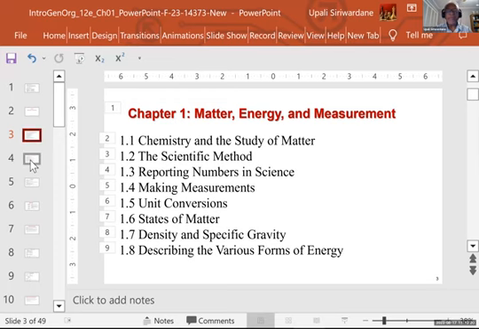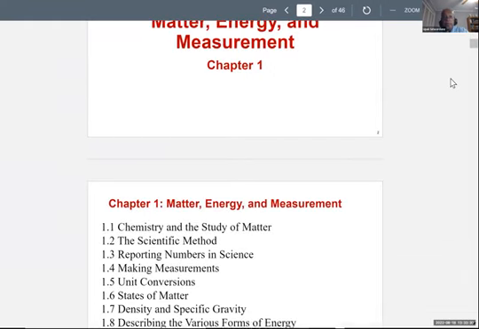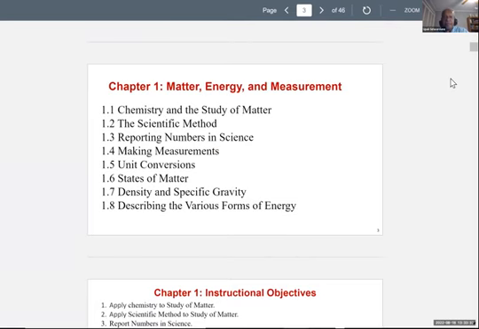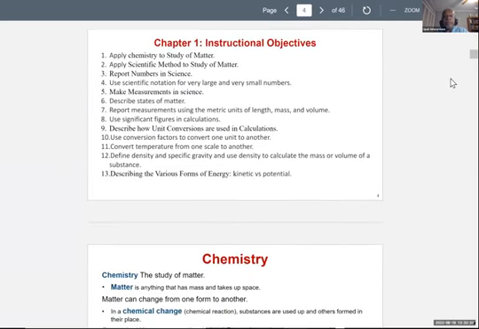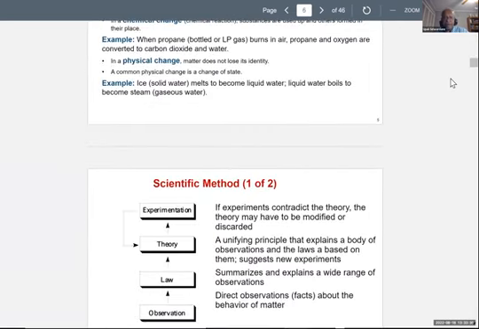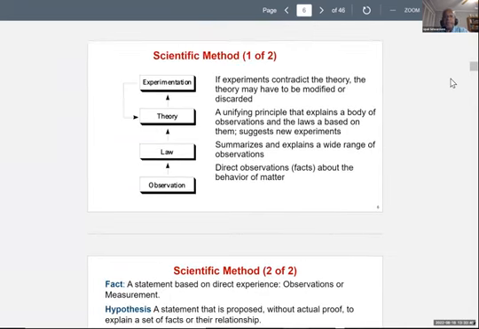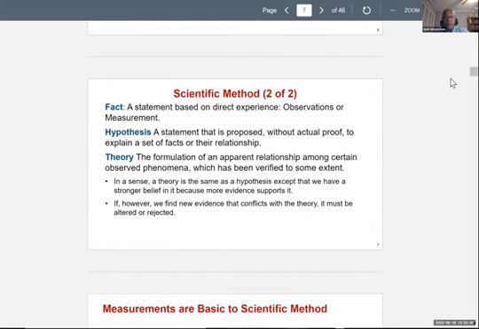Today I am going to start with the introduction to chapter 1, where we talked about chemistry, how we study matter, chemical changes and physical changes, and the scientific method.